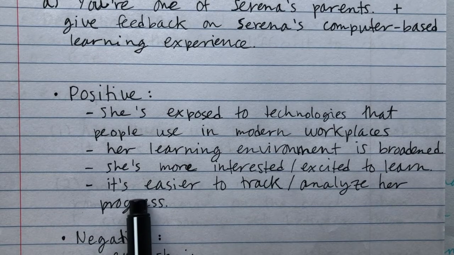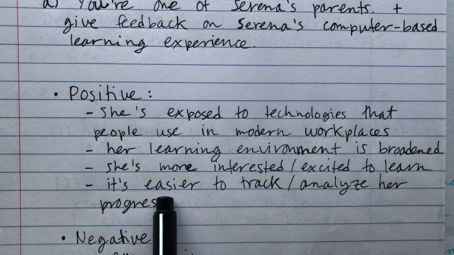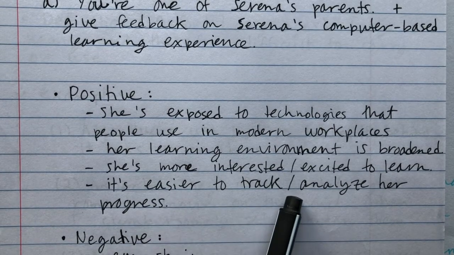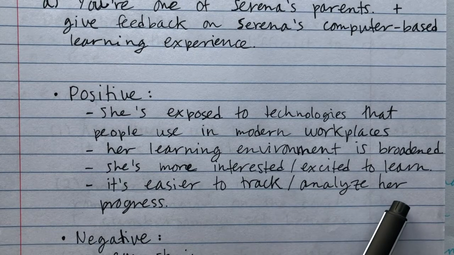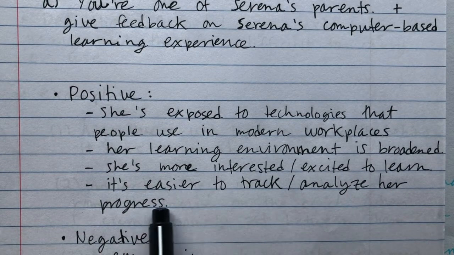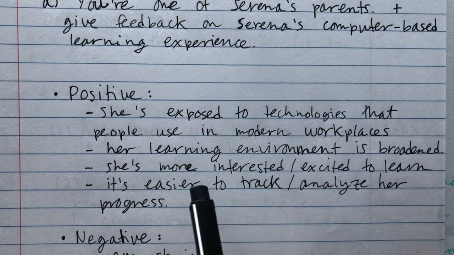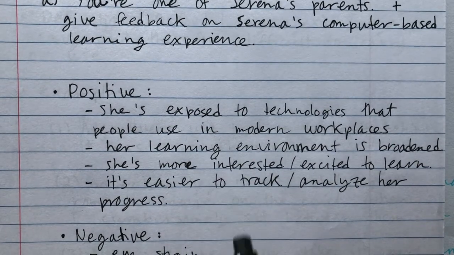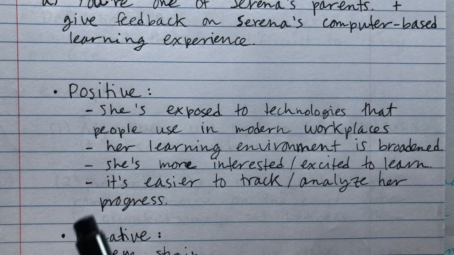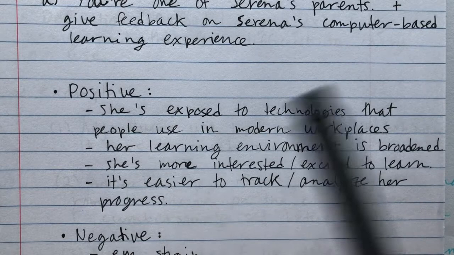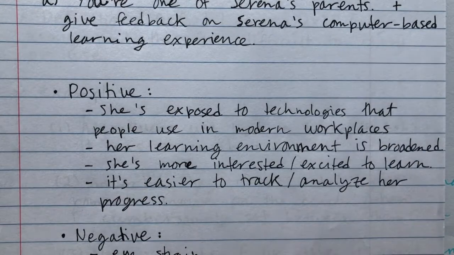Another huge positive for computer-based learning is that it's actually easier to track and analyze a person's progress, right? In this case, Serena's progress, because now with the click of a button, you can see all of her grades. Maybe there are functions that allow you to get the average of all of her homework.